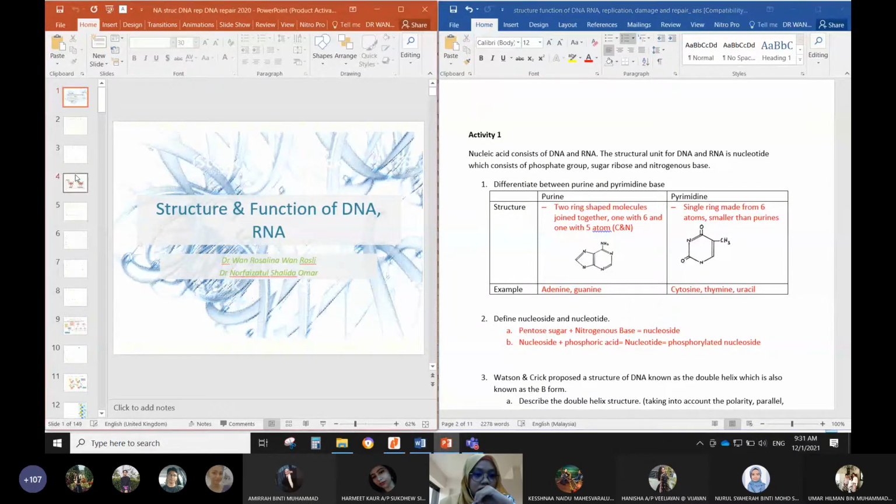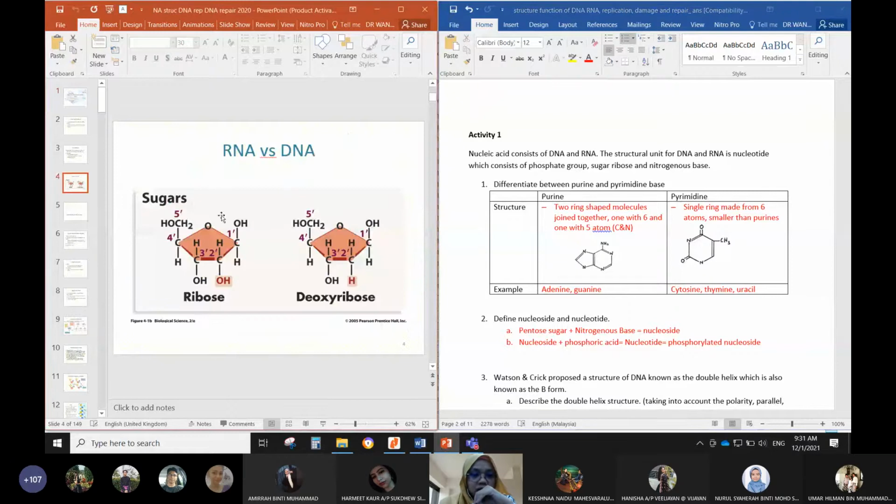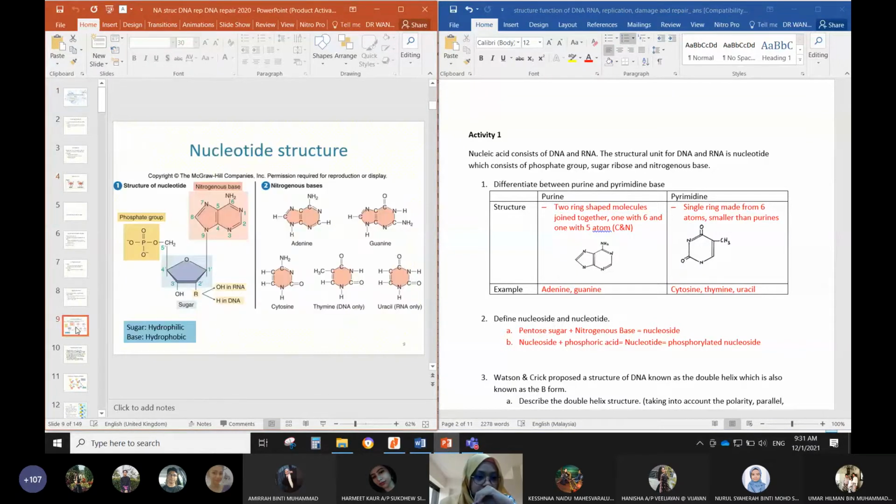So if you go to the lecture notes, you see this is the sugar, then your phosphate group and the nitrogenous base. This is the base that would be either purine or pyrimidine. Purine would have 2 rings, and your pyrimidine would have 1 ring.